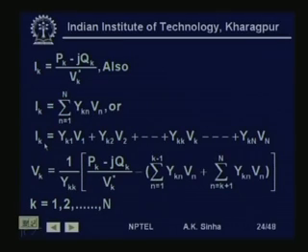And we know I k is equal to Y k 1 into V 1 plus Y k 2 into V 2 and so on up to the nth.